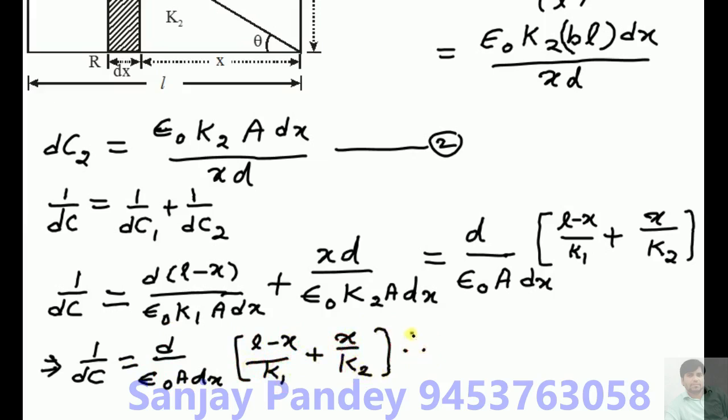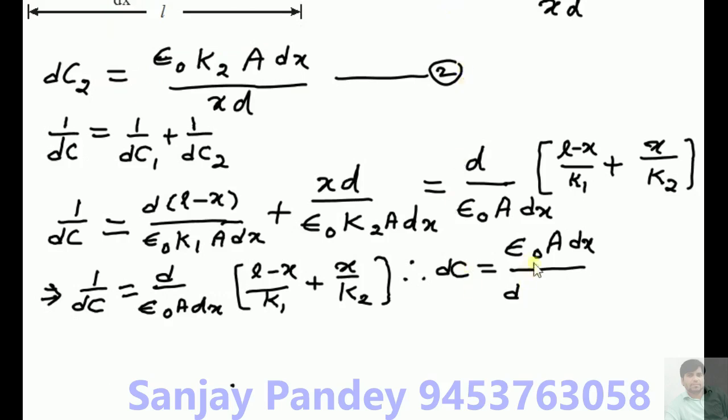Therefore, the value of dC will be equal to epsilon naught A dx upon D into L minus x upon K1 plus x upon K2.